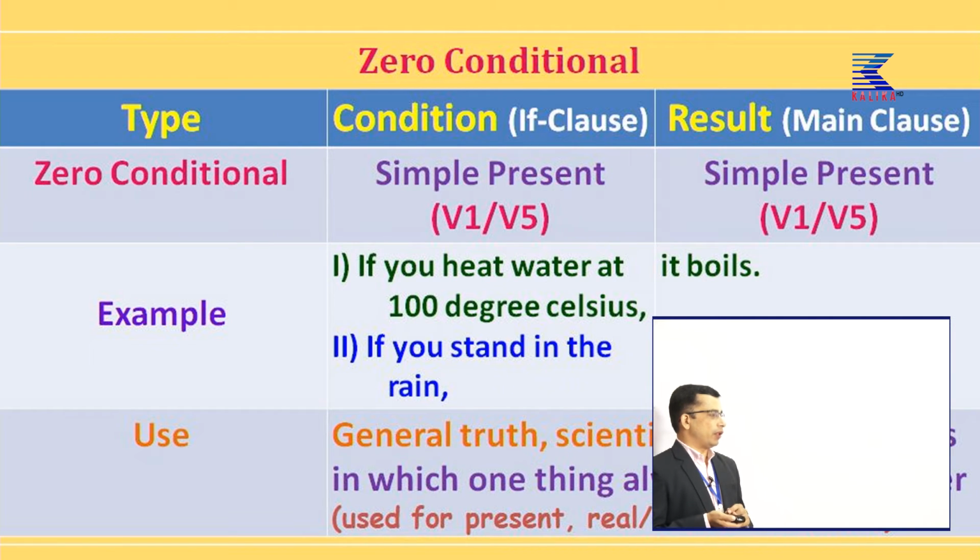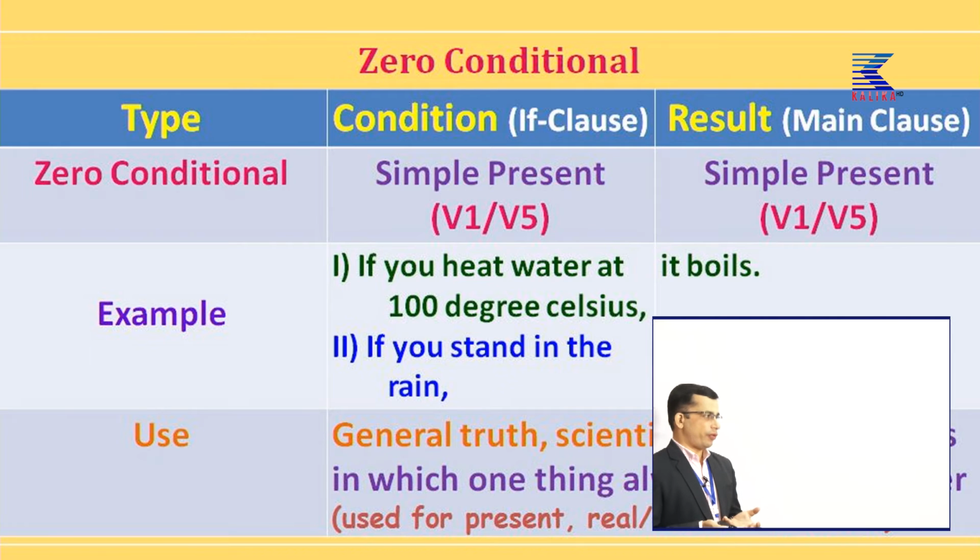So, let us have a look at some examples. If you heat water at 100 degrees Celsius, under the if clause you can see this structure. And in the main clause again the same simple present tense is used: it boils. Please do not use it will boil, do not use that. Okay? If you stand in the rain, you get wet.